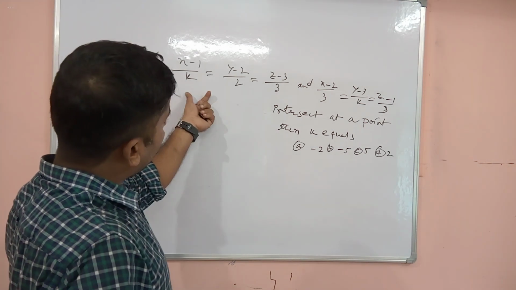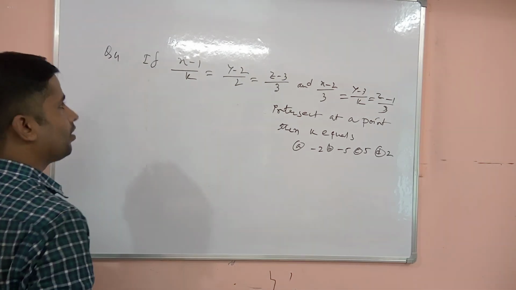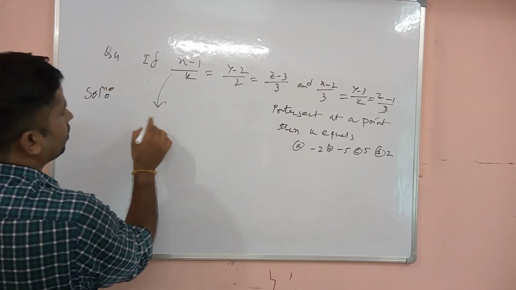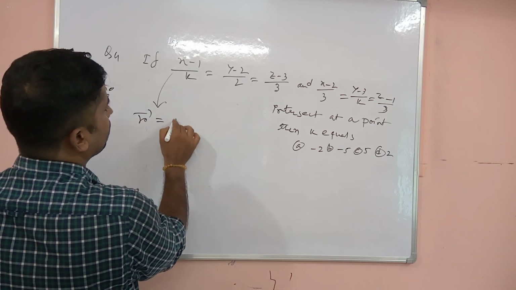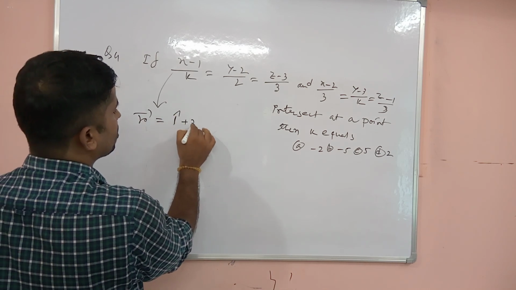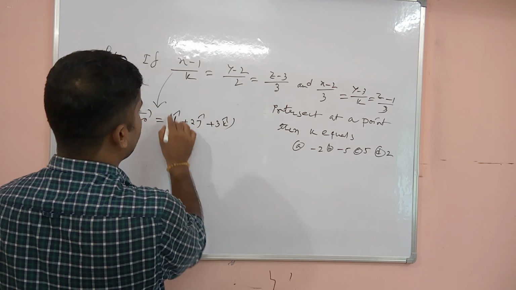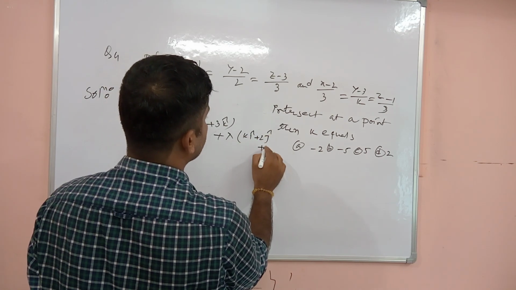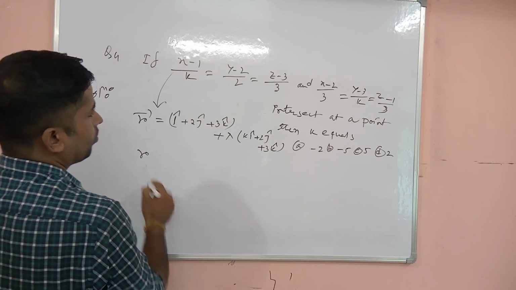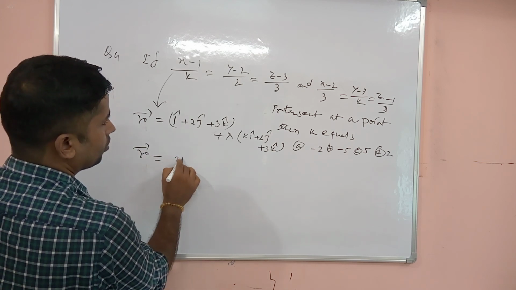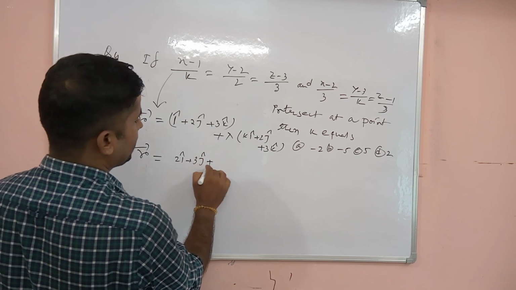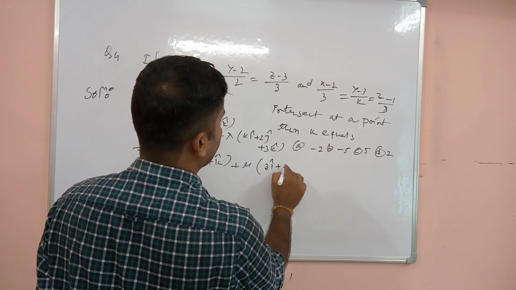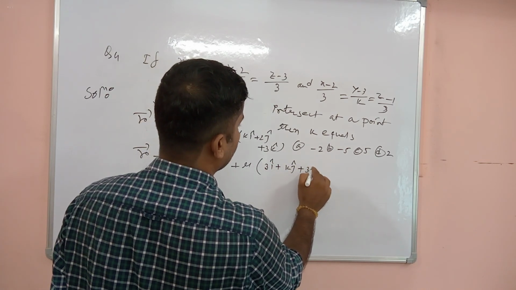So if we convert these into vector form, we must write as solution: r equals 1i plus 2j plus 3k plus lambda into (k i plus 2j plus 3k), and equation 2 as r equals 2i plus 3j plus k plus mu into (3i plus kj plus 3k).